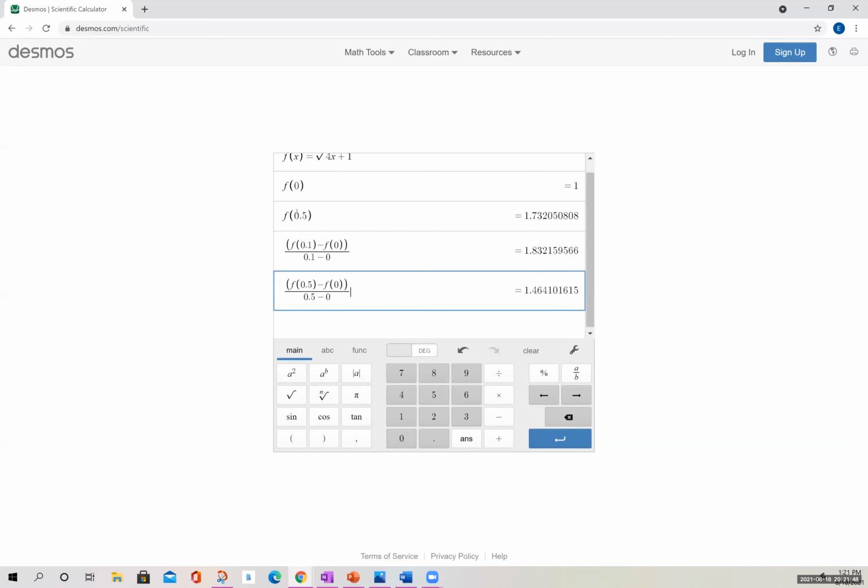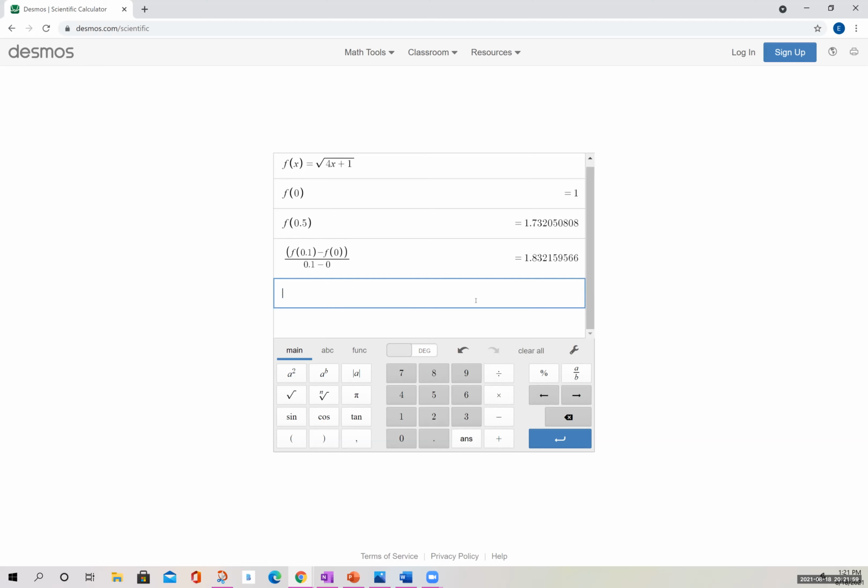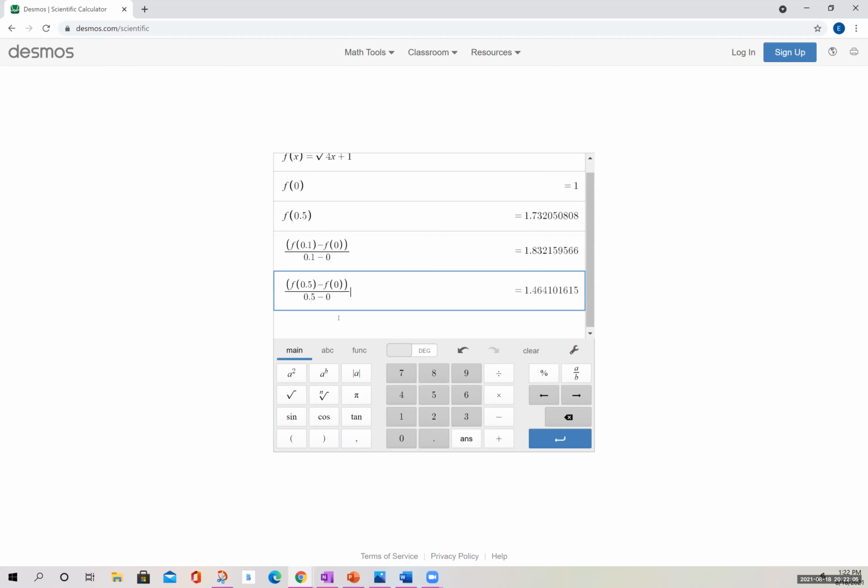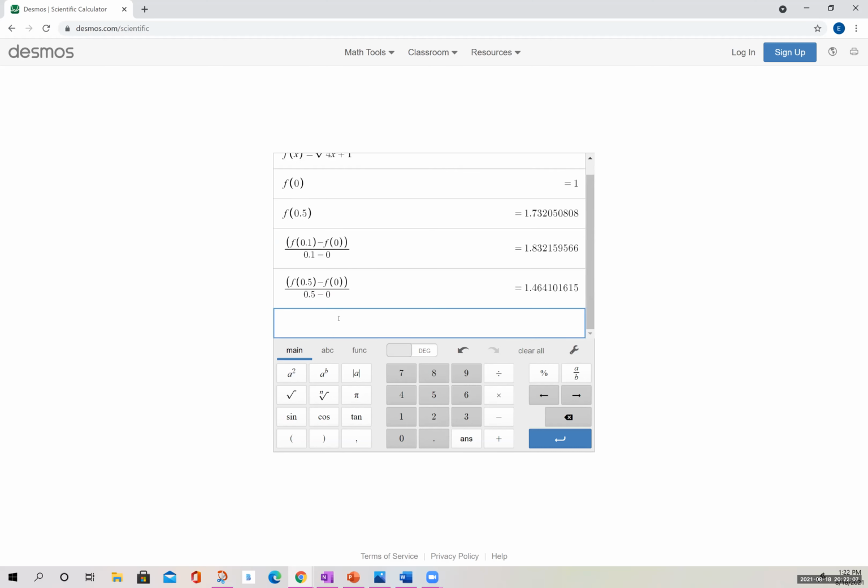I'm sorry, I was looking at what the value at the point was. So the slopes are 1.83 and 1.46. Okay, so let's choose a number that's even closer.